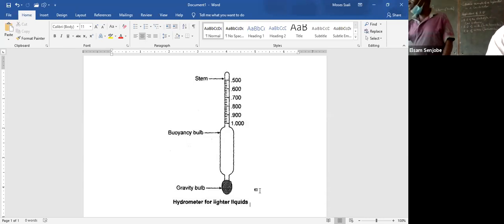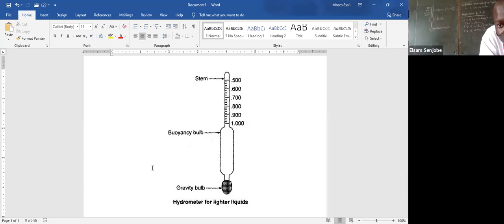Okay, the units of the hydrometer start at 800, then they increase maybe to 900, then 1,000, then maybe 1,100. Why are they like that?